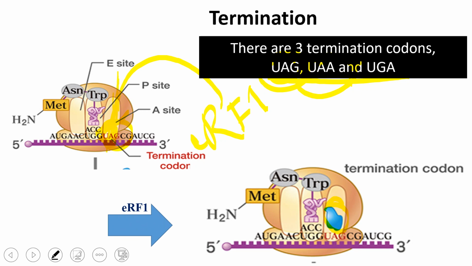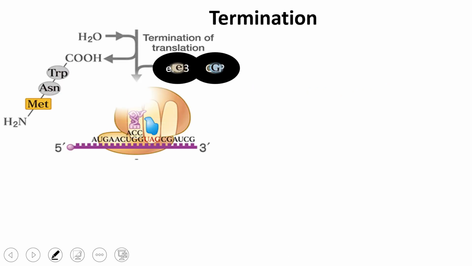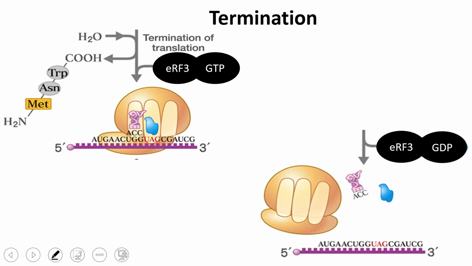This releasing factor has a water molecule on the cell surface. Once this releasing factor binds there, the peptidyl transferase reaction occurs. This peptidyl transferase reaction will be assisted by RF3, releasing factor 3.